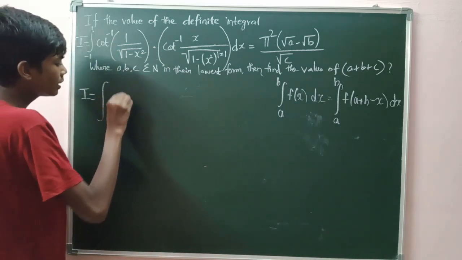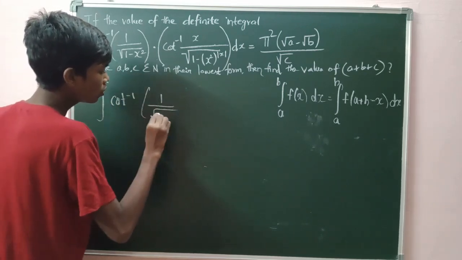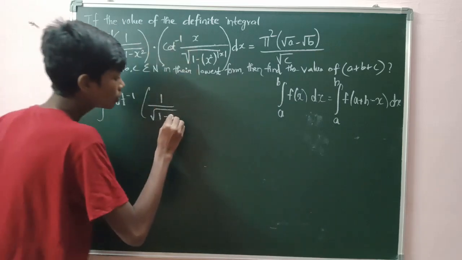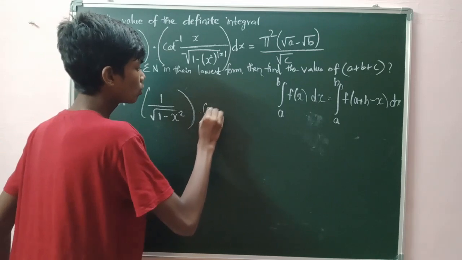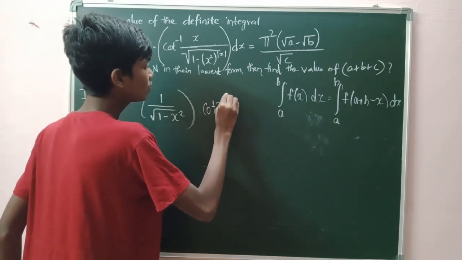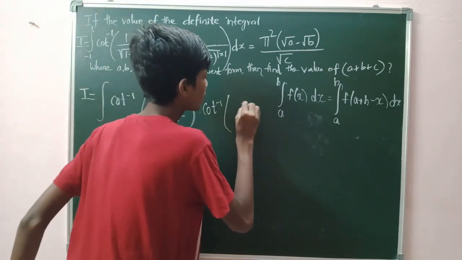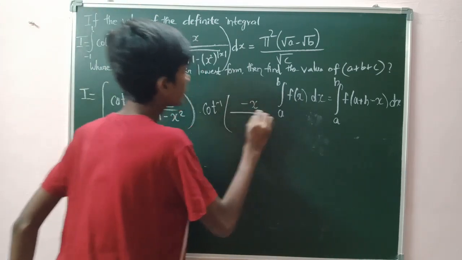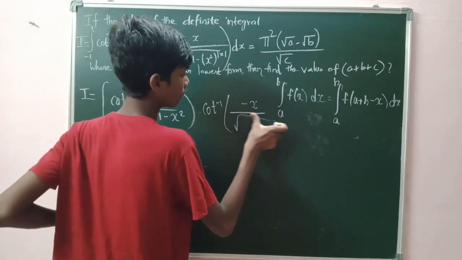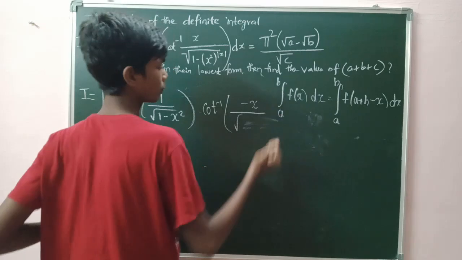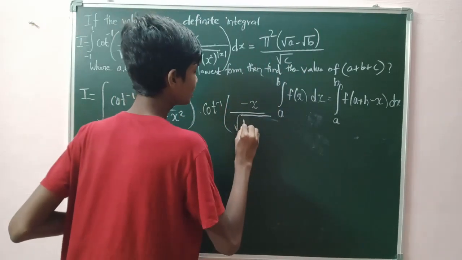Therefore, we get cot inverse of 1 by root of 1 minus x whole square, which will be x square only, then times cot inverse of x. Replace x by minus x, that will be minus x by root of 1 minus x square.